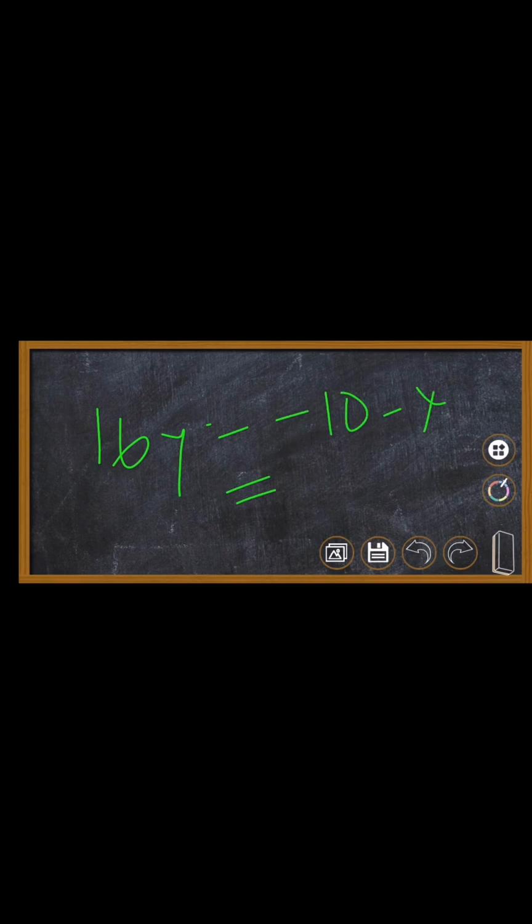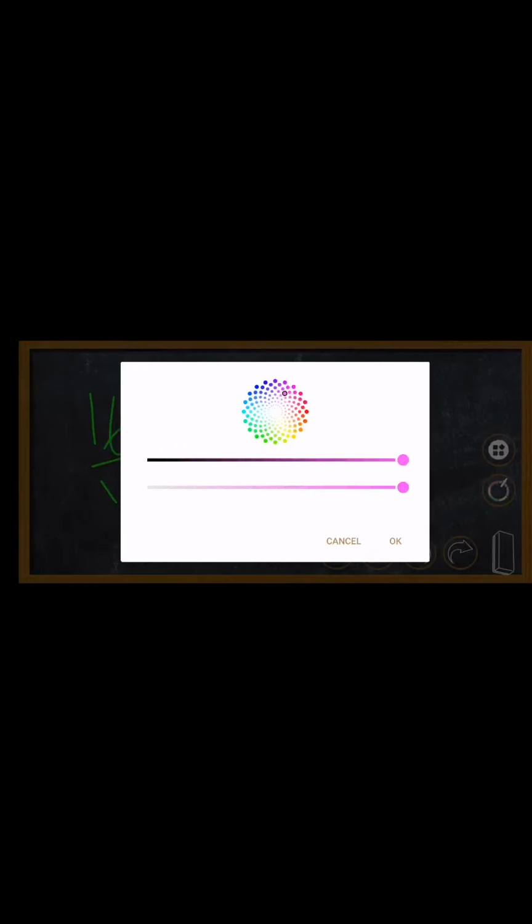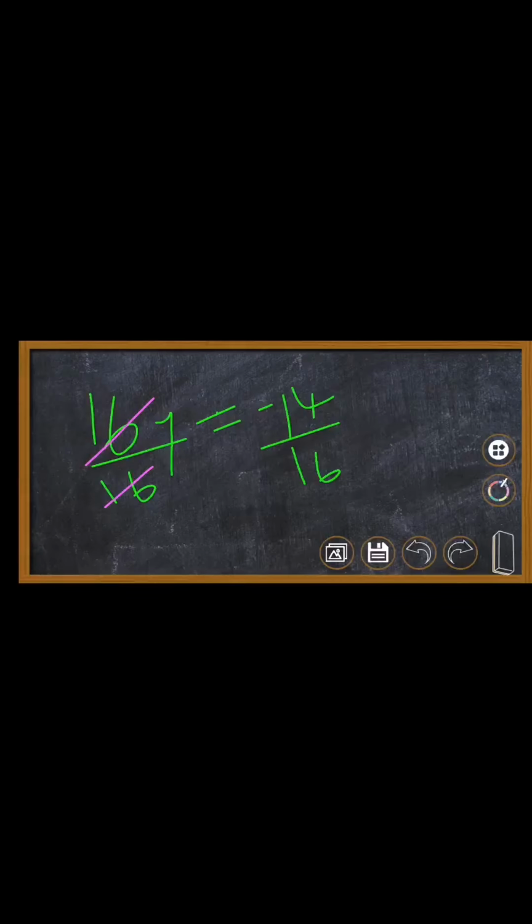Negative 10 minus 4 is negative 14. And this side is going to be 16y. So 16y is equal to negative 14. We divide both sides by 16. And what do we get? We cancel, we're left with y.